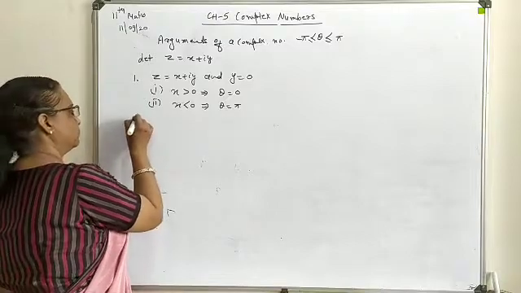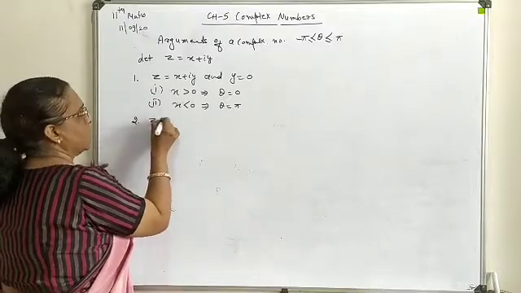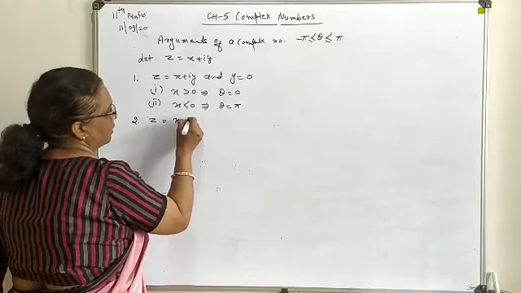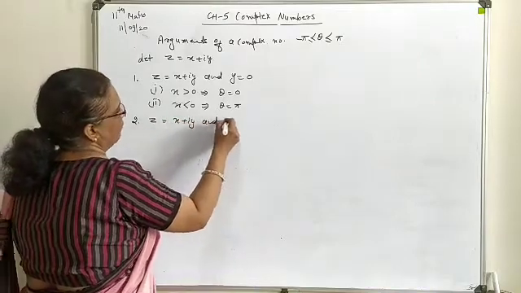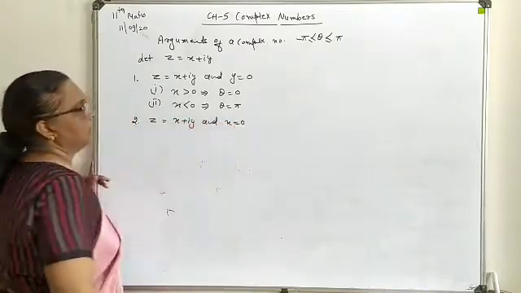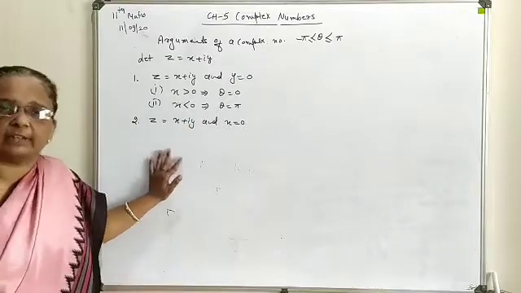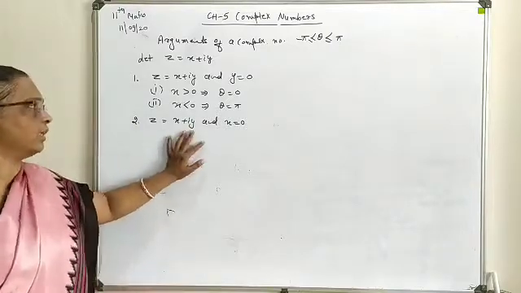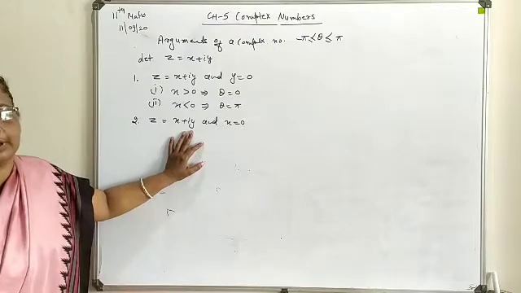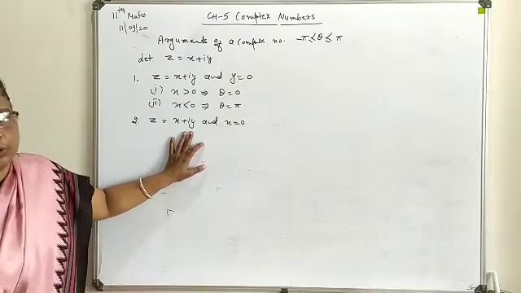Second thing, if your z is equal to x plus iota y, and if x turns to 0, it may be possible that your z is available only with the imaginary part. So this y may contain again two types of combination, greater than 0 or less than 0.